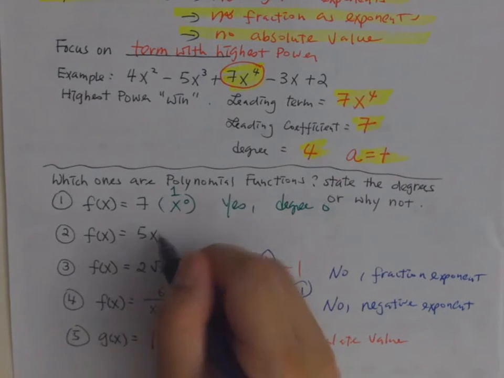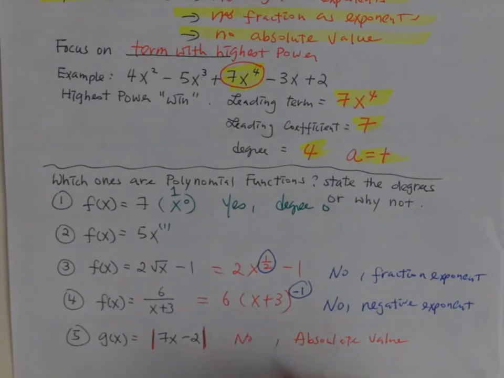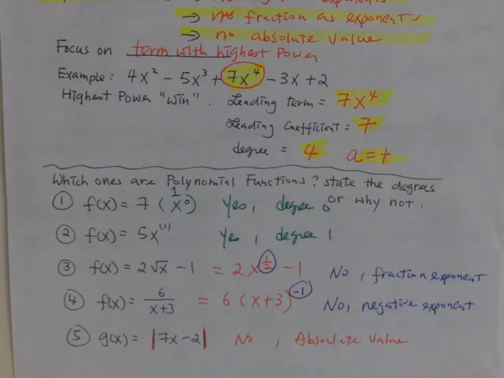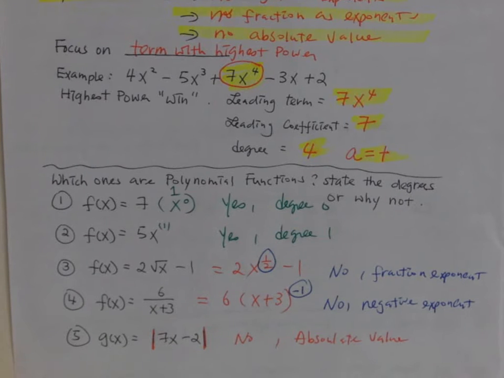The next one has an invisible one here, so it's also a polynomial function, with a degree of 1. This is just some basic background information I want to show you real quick. If you need to watch this video to get a better grasp of it, feel free to do it. On the next page, we're going to look at the graph of a polynomial function.